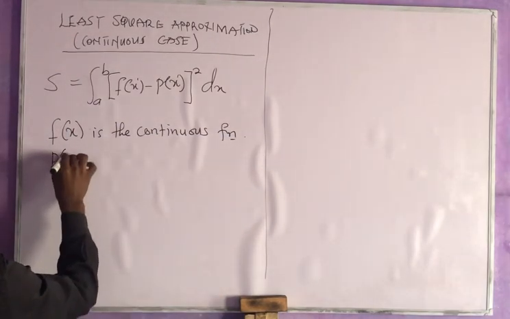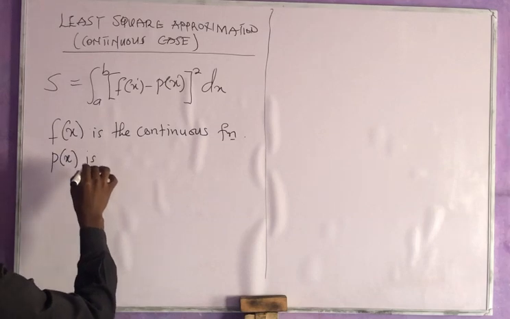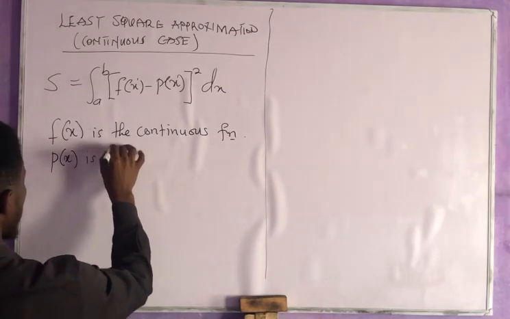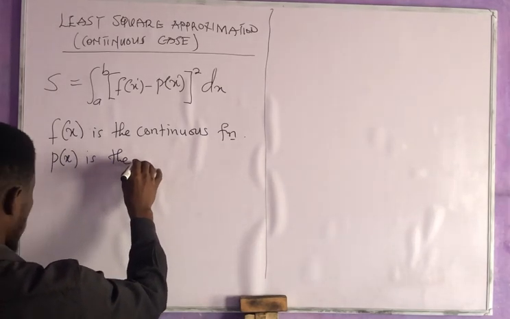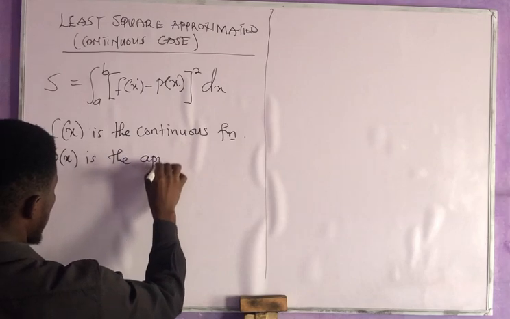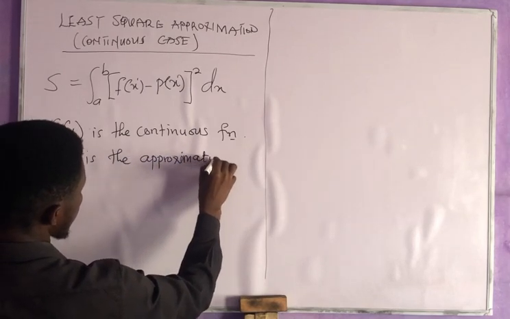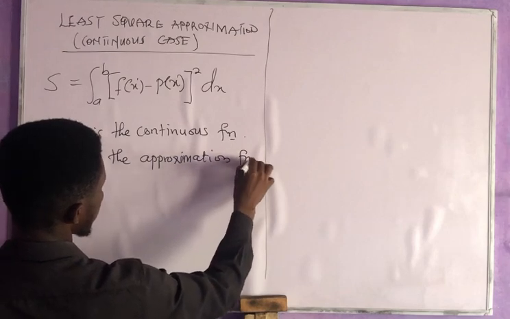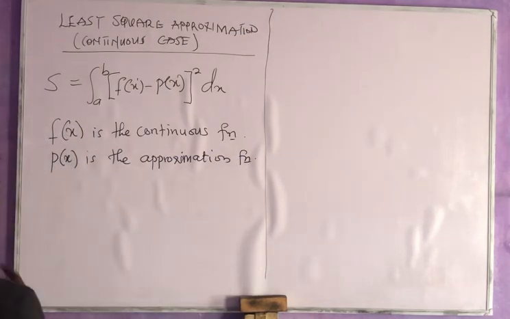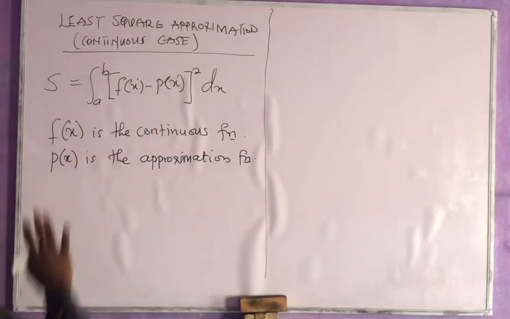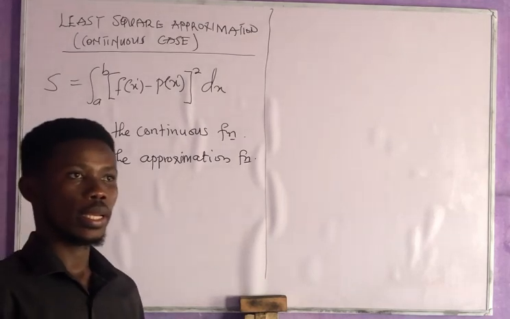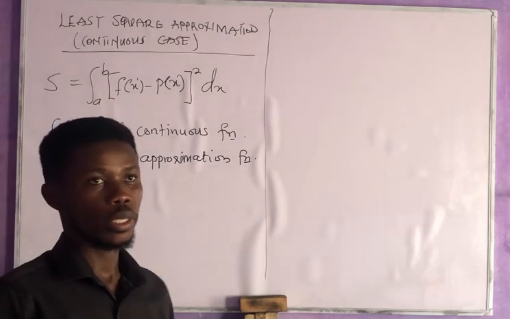Then the p of x is the approximation function. Is that okay?